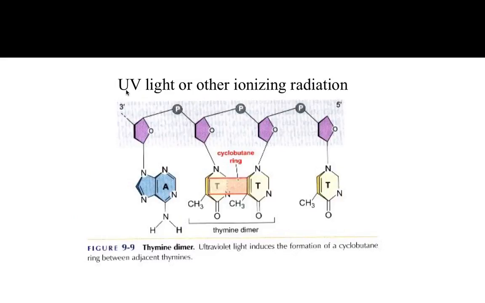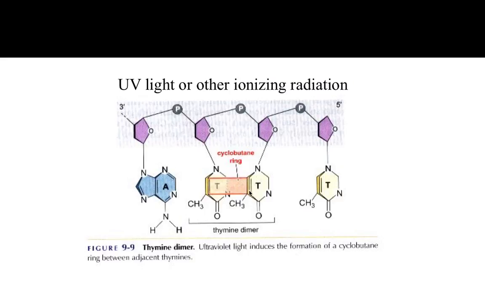Another way in which DNA can get damaged is UV light. You'll recognize this sort of thing because of the problem of people getting too much sun exposure, leading to damage to their DNA. What happens with UV light is the energy takes the bonds of each thymine, if you have two thymines next to each other, it'll break the bonds along this backbone side here, and will create new bonds between these two structures.